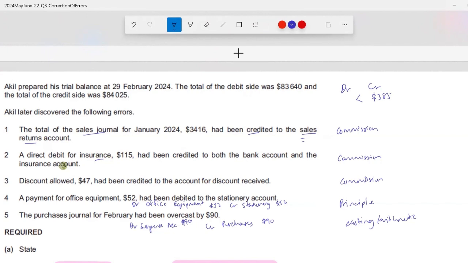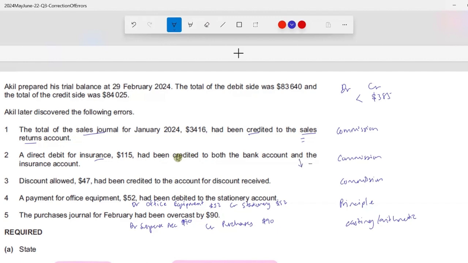Error number 2, right? Insurance expense should be a debit, but it has been credited to the insurance account. The impact of the error, the credit to insurance account, was the revenue. After the correction is done, we remove this incorrect revenue to make it an expense. Therefore, it will reduce the profit.